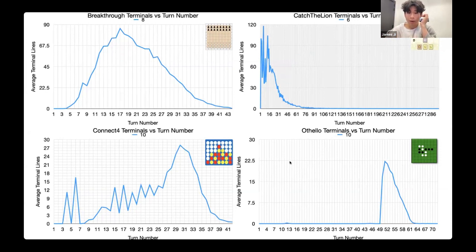And in Othello, basically you take turns placing pieces down and you try to flip the other player's pieces, and the game ends when the board is filled and whoever has the most pieces wins. Othello is very interesting because you can see that there's basically no decisive lines of play for most of the game.